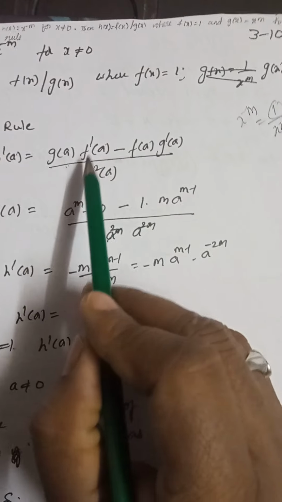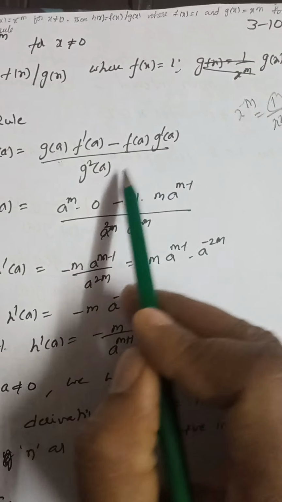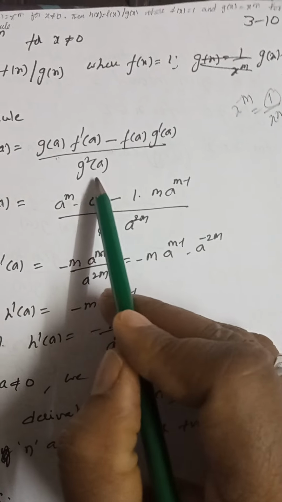Now by the quotient rule, we know that h dash of a, the derivative of h at x equal to a, is g of a into f dash of a minus f of a into g dash of a, by g of a whole square.